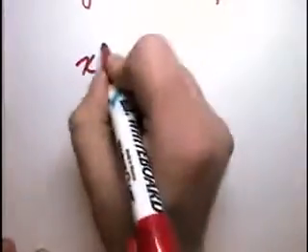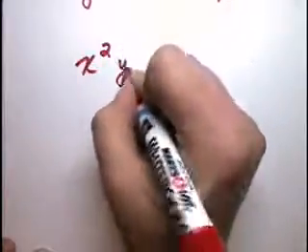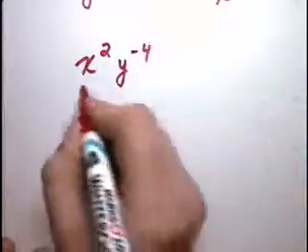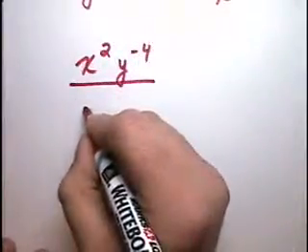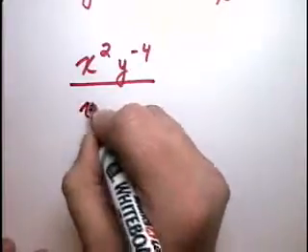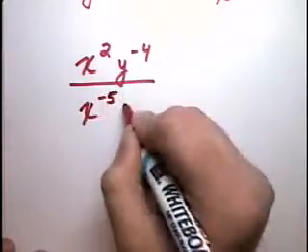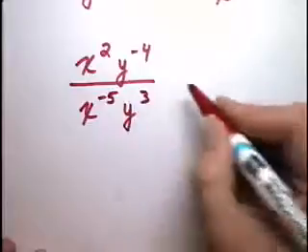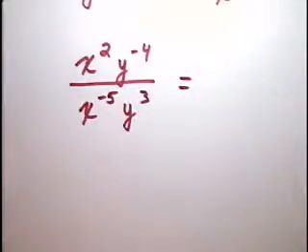In the example, x squared y to the negative 4th over x to the negative 5 y to the 3rd. Notice that not every one of my exponents is positive. I have 2 positive exponents, 2 negative exponents.